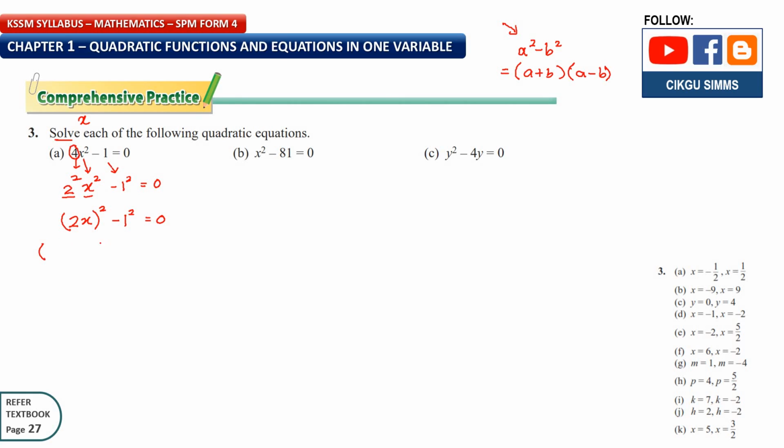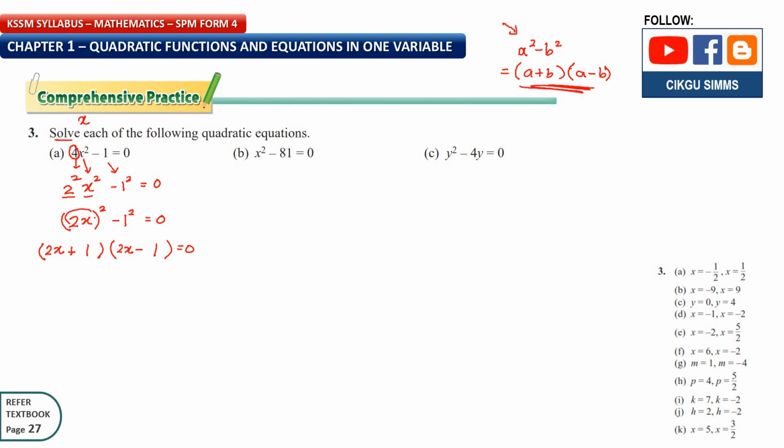So I can make them in brackets like this. One is plus, one is minus. So a squared minus b squared is (a plus b)(a minus b).